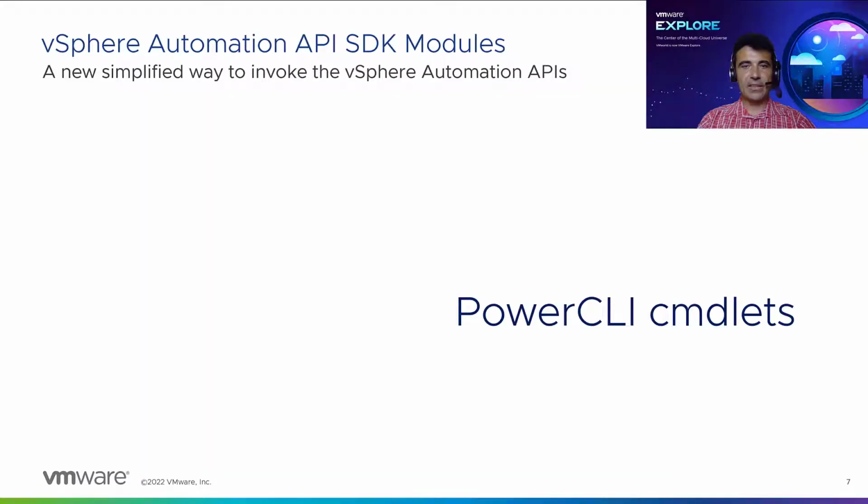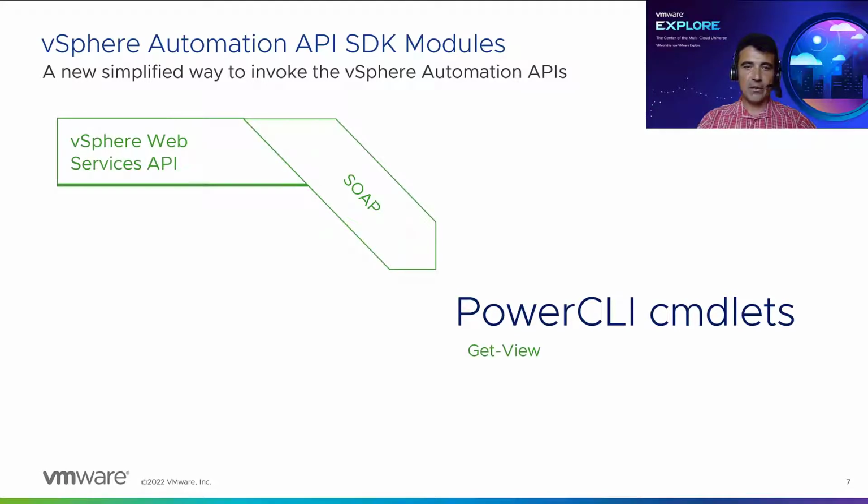The next thing that I want to show you today is the new vSphere Automation API SDK modules. This is a totally new way to invoke the vSphere Automation APIs. So a little bit of history about all the different vSphere APIs.